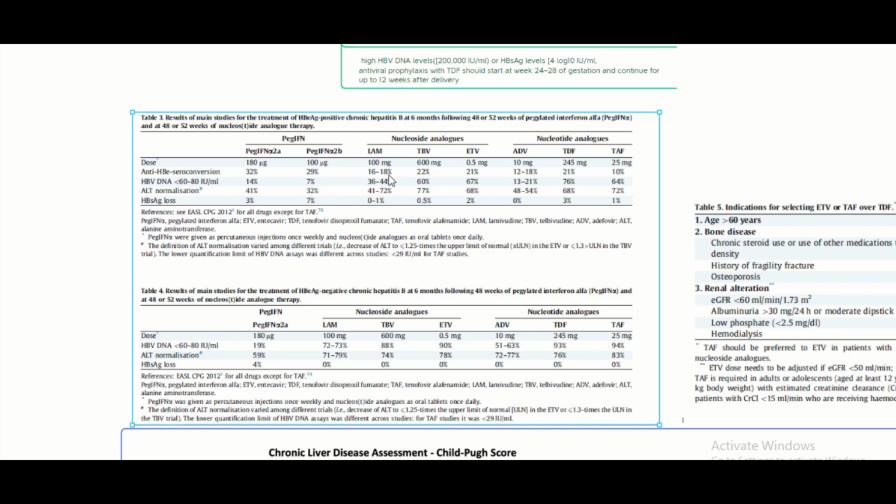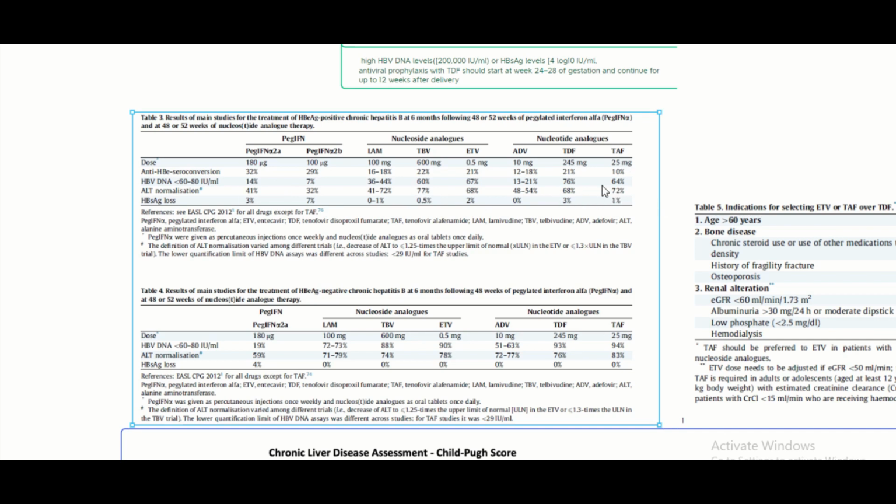We can see here the dose used, how many percent of patients had seroconversion, how many percent had DNA less than 60 to 80, which is usually the threshold for detection. How many of them had ALT normalization, and how many of them had loss of HBs.